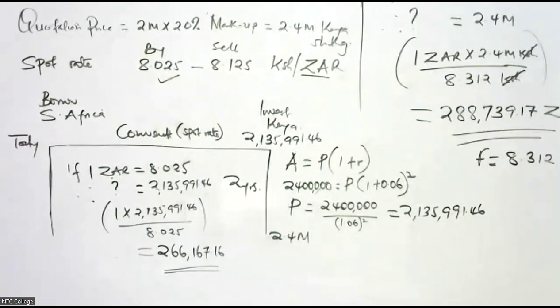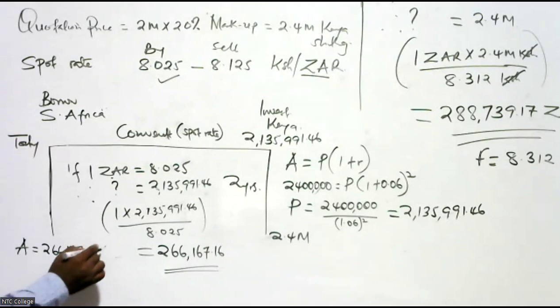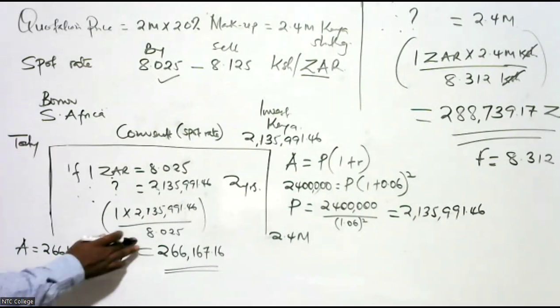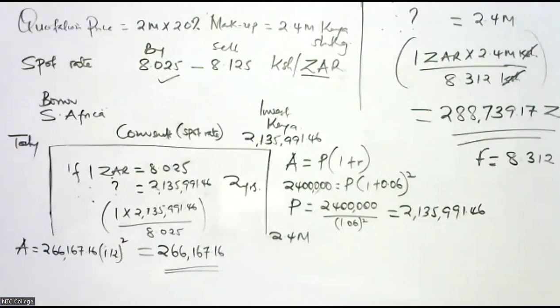So you say that the amount is now A is equal to this amount, 167.16 times 1.12 raised to 2 years here.